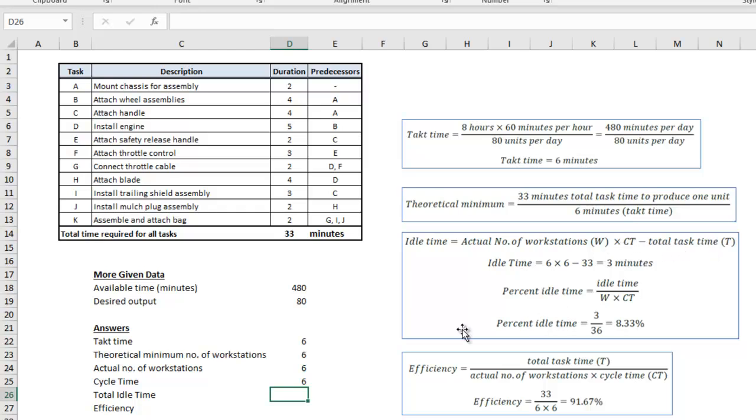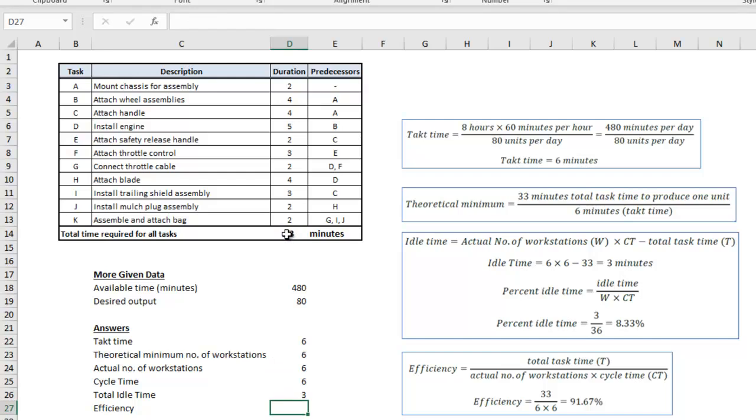So in this case, we have the actual number of workstations, which is 6, times the cycle time, which is also 6, minus the total time required to complete all the tasks, 33 minutes. And so we have 3 minutes of idle time.